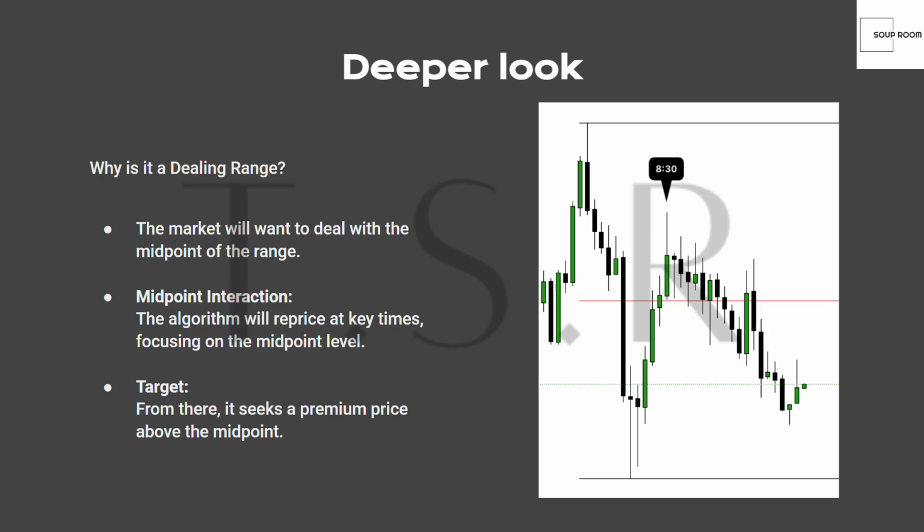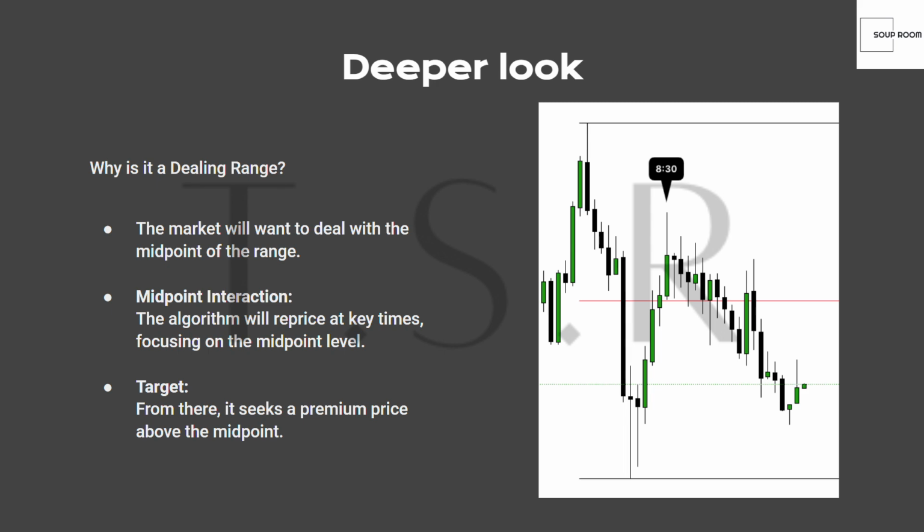Moving on, a deeper look. Why is it a dealing range? Why is it a dealing range and not a normal range? Because the market will want to deal with the midpoint of the range. All right? The market will want to deal price to the midpoint of the range. Why? Because we took out both sell side and buy side liquidity.